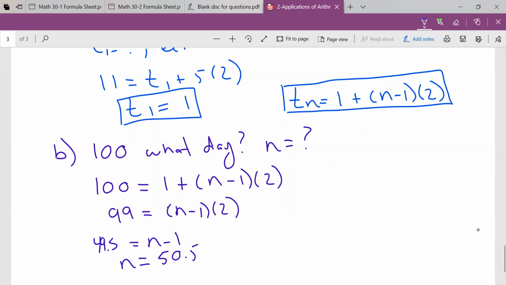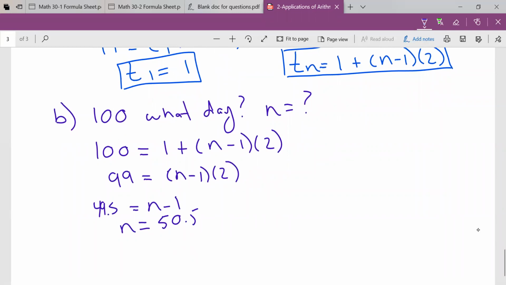Well, yes and no. We're talking about what day. A day is day 1, day 2, day 3, day 40, day 41. There's no such thing as point 5 of a day. So what day is it going to be? Are we going to round this up or down? I'm not even using the rules of rounding here. I'm just thinking about that 0.5. If I rounded down to 50, would she have done 100 sit-ups?